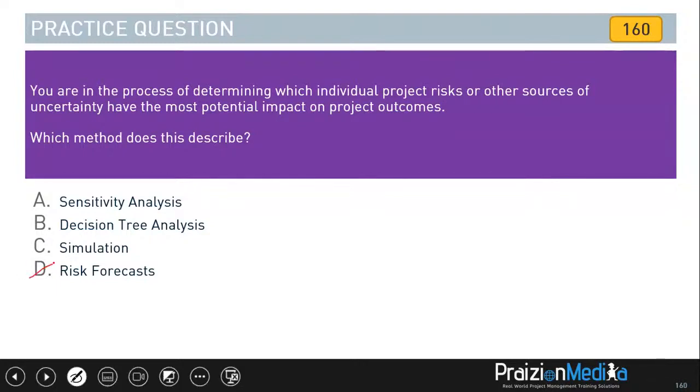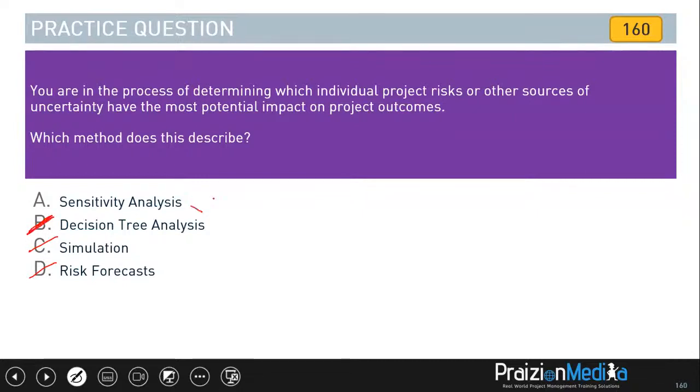It's not risk forecasts. And while simulation, in a sense, is not a wrong answer, it's not the best answer because we have to be precise about the tools and techniques that are best. It's also not decision tree analysis, even though one could argue that that could give some insights.